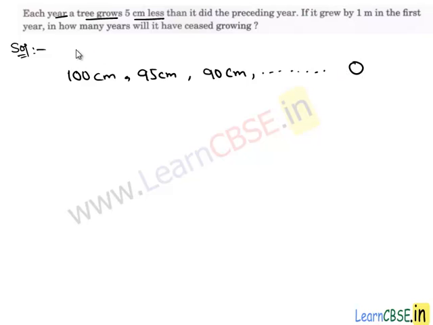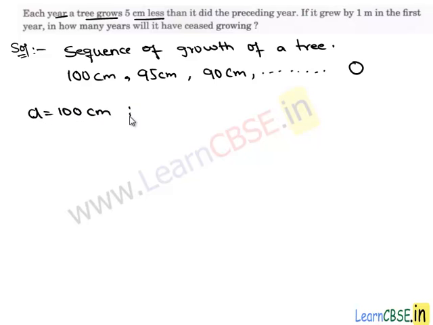So here we have a sequence of growth which is in AP. Clearly the first term is 100 centimeters, and we know that the common difference is the difference between a term and its preceding term. We take the term 95, its preceding term is 100 centimeters, so the value is negative 5.